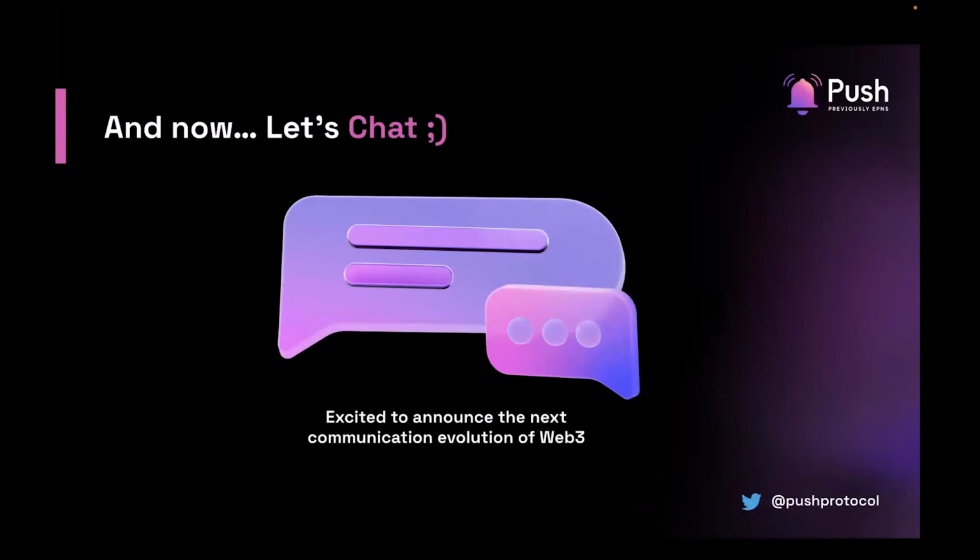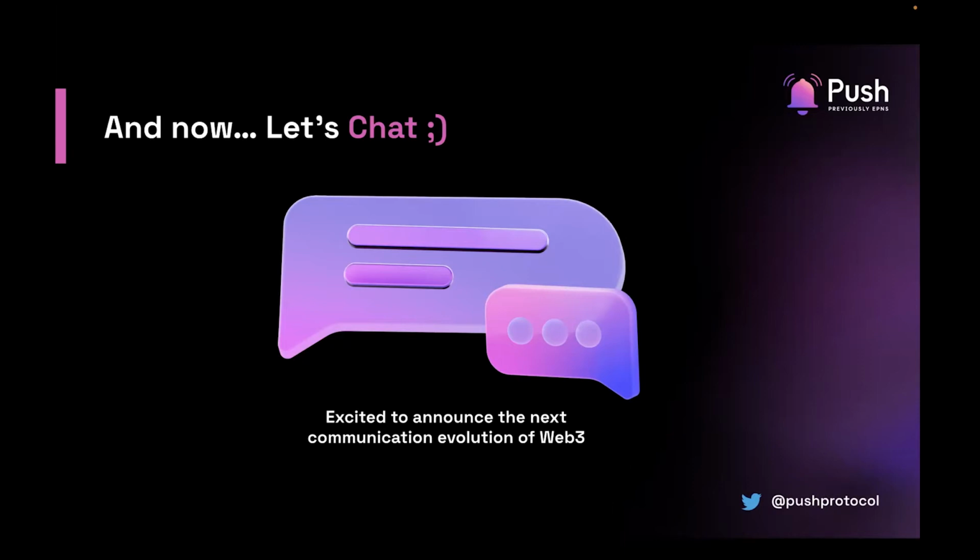Push Protocol started back in 2020 as a hackathon project, and we have been focusing on notifications for over 2.5 years. The notifications have been battle tested for almost 3 years now. After that, we announced something called Push Chat.